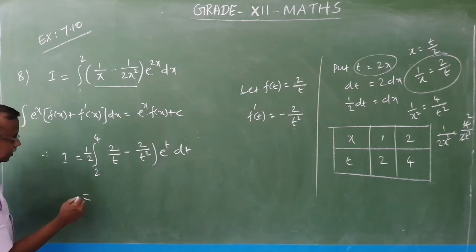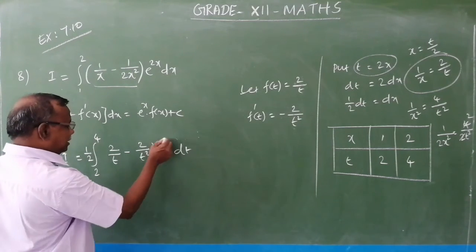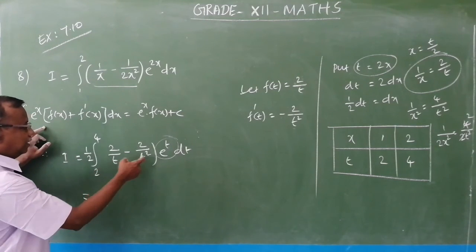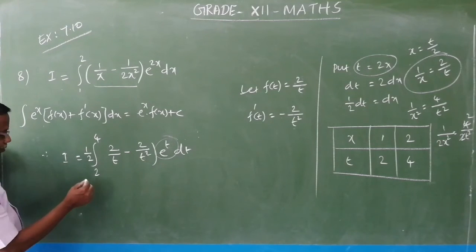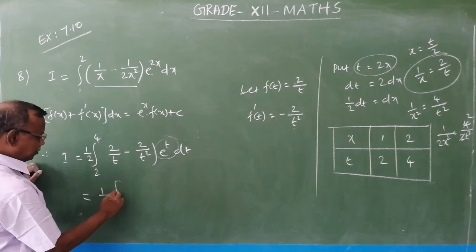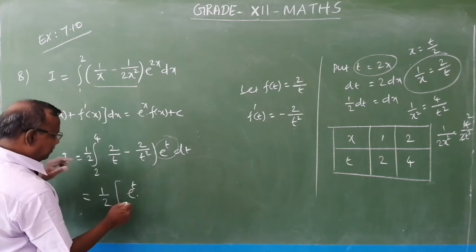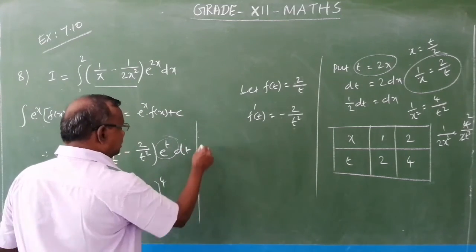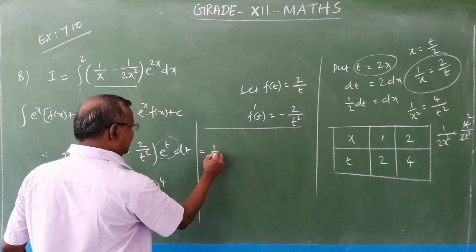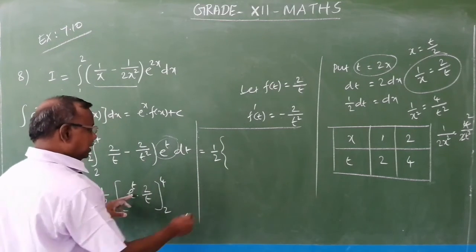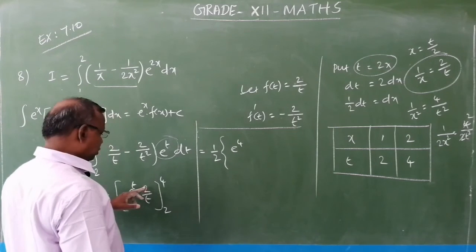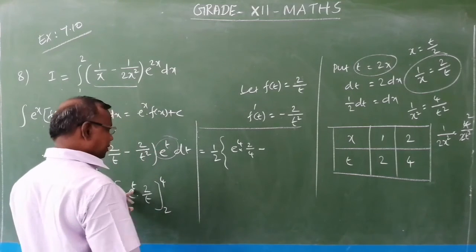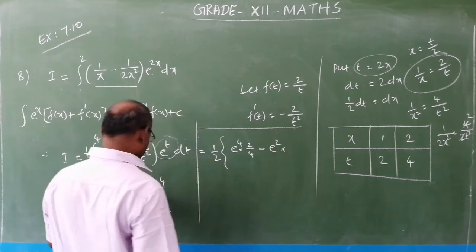Now this is in the form of e power x, this is e power x, this is f of t, and this is f dash of t. So the value is 1 by 2 into e power t into f of t, that is 2 by t, from 2 to 4. Now let us write the answer. 1 by 2 into the upper limit substituted, e power 4 into 2 by 4, minus the lower limit, e power 2 into 2 by 2.